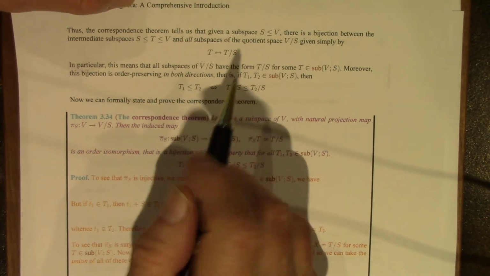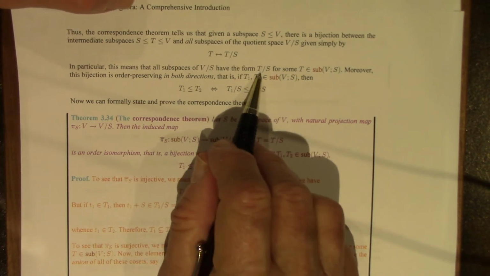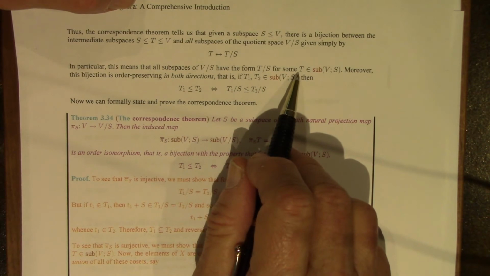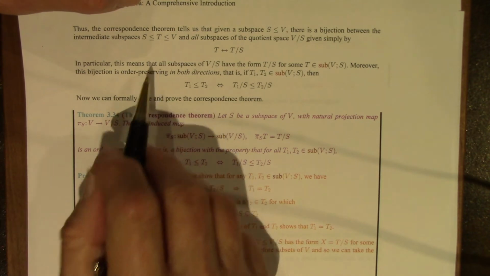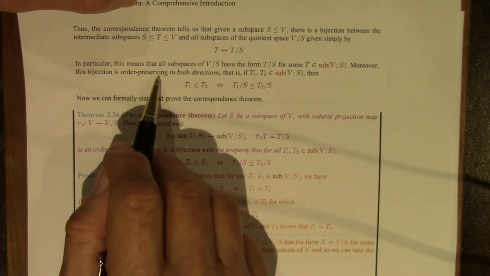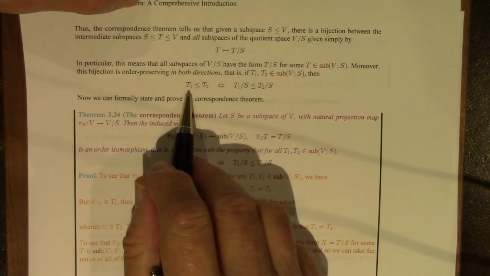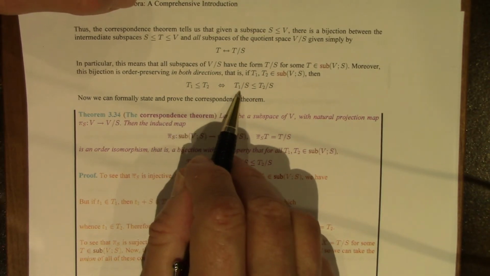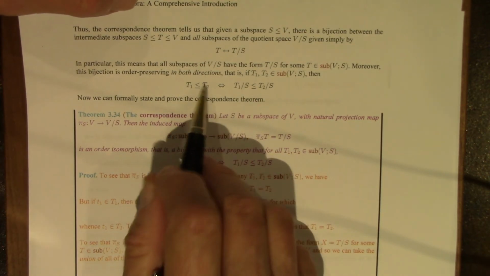Well, in particular, this means that all the subspaces of V mod S have this form, T mod S, for some intermediate subspace T. But that's not the end of the story. The bijection is order preserving in both directions. It's an order isomorphism. So T1 less than or equal to T2 if and only if T1 mod S, this is a subspace.